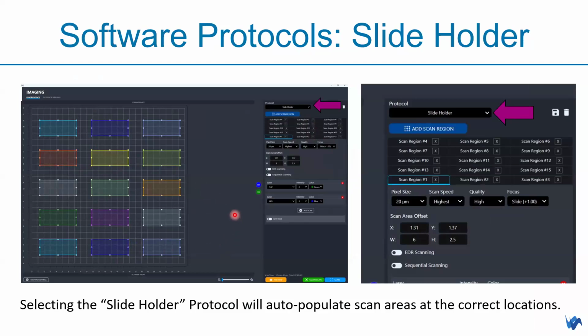And then you can set the pixel size, quality and focus and also the channels for individual scan regions. Okay, so you can scan different dyes or different samples in all these preset scan areas.